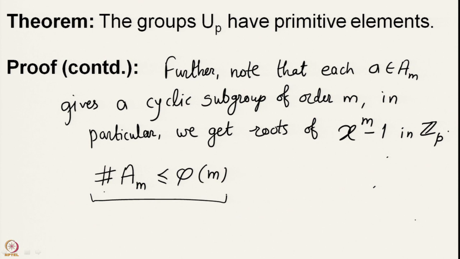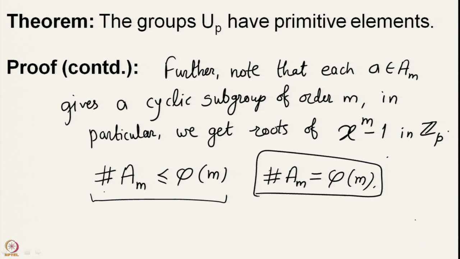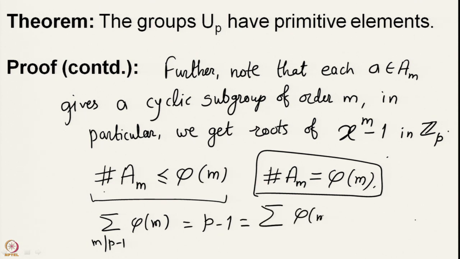So, whenever the cardinality of A_m is non-zero, you will actually have that the cardinality of A_m is exactly equal to phi(m). And now we go back to the previous slide, which tells us that the summation of phi(m), where m divides p minus 1, is p minus 1, which is also the summation of phi(m) where m divides p minus 1, but here the condition is that A_m is non-empty.